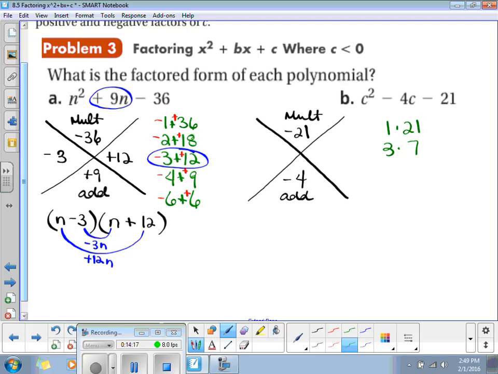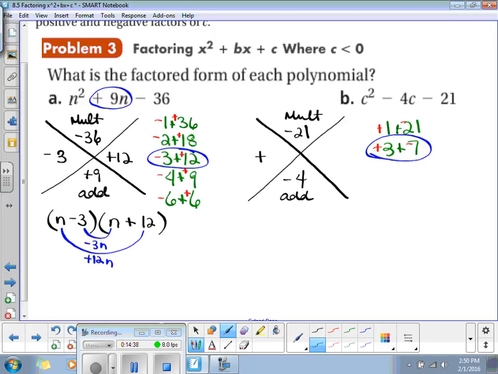Very good. So, when we change this to addition, we've got negative, negative, positive, positive. So, this is the one that's going to give us a negative 4. You see that? So now we can put that in our chart.